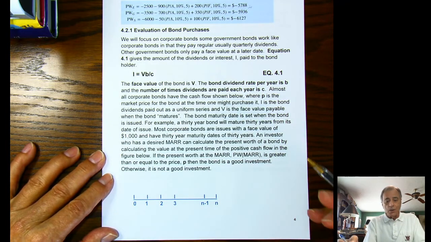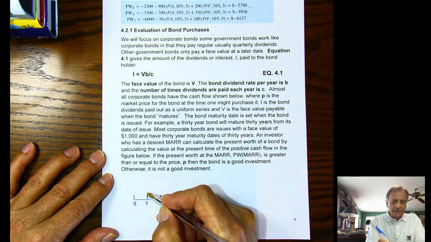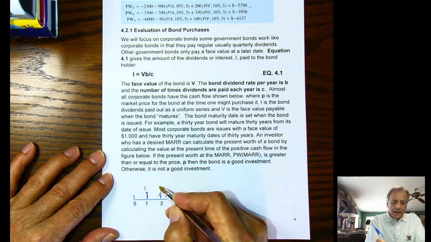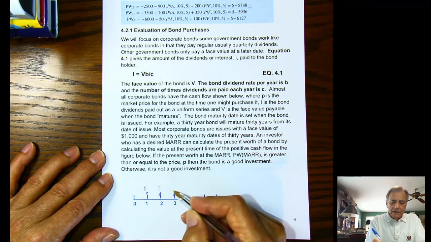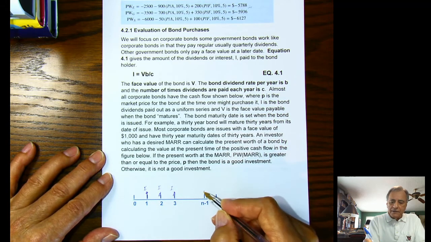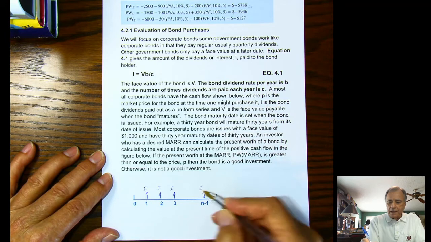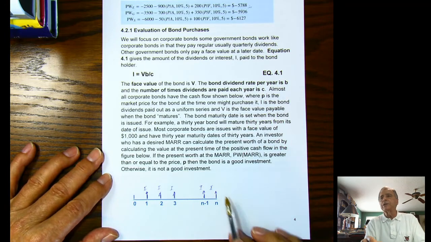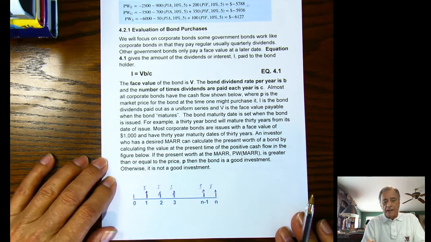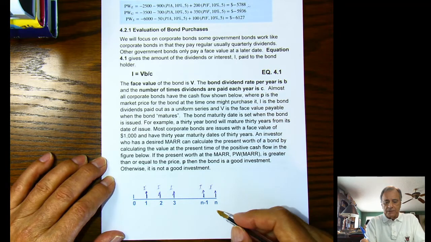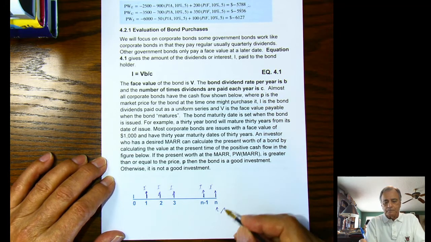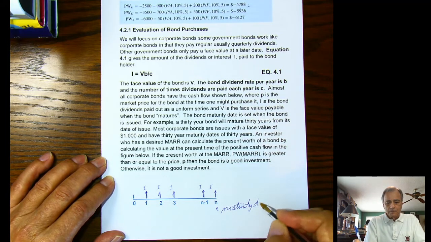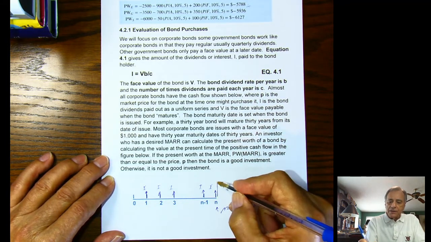Usually that's 1 quarter. So you have a dividend here, I, and another one here, I, and another one here, I, and that goes on until some point in time when the bond matures, if you buy this bond and hold it till its maturity date. Now, when the bond matures, this is called a maturity date. When the bond matures, you also get the face value back.